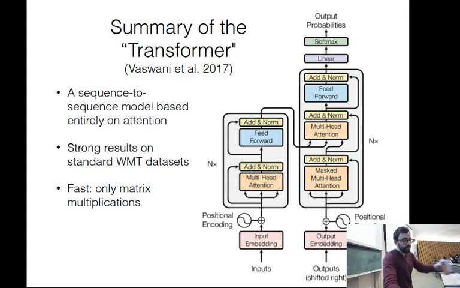So the transformer is again a sequence-to-sequence model that does not have any recurrence. So we do not have any RNNs or LSTMs or anything. However, the idea of the encoder and the decoder is still there. We still encode our input using now self-attention.